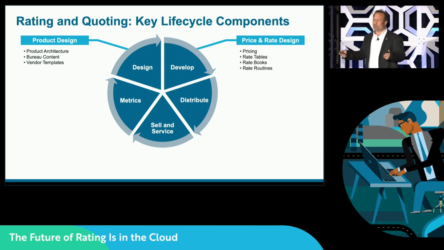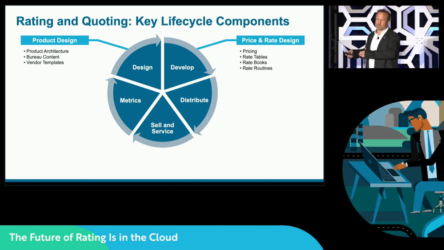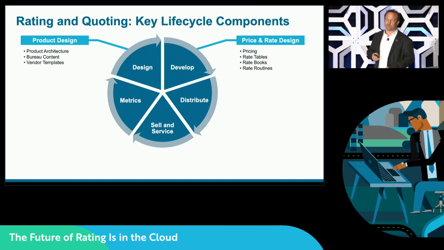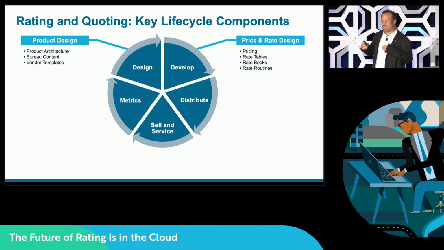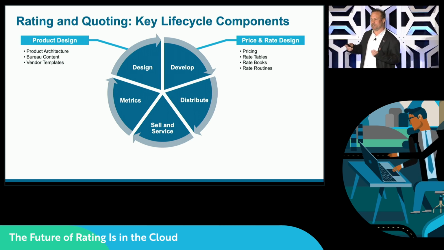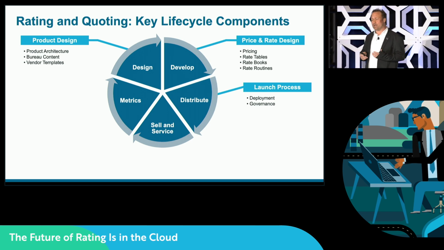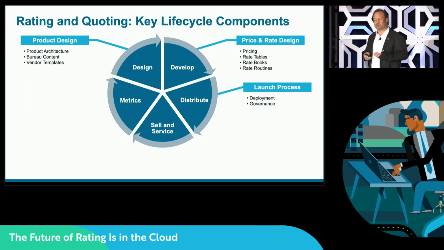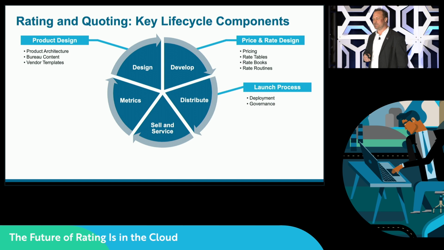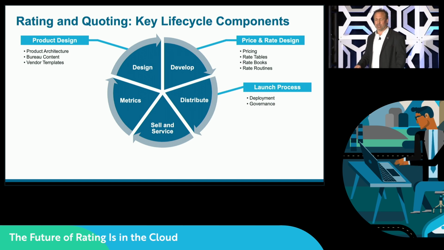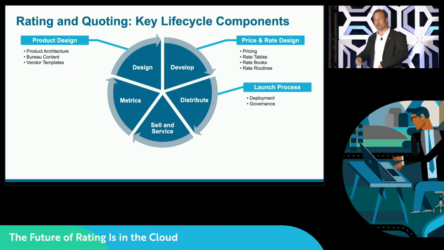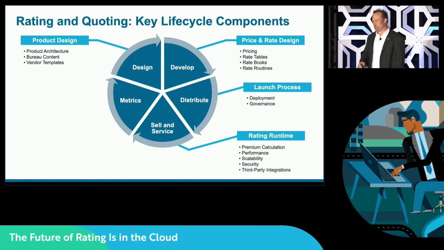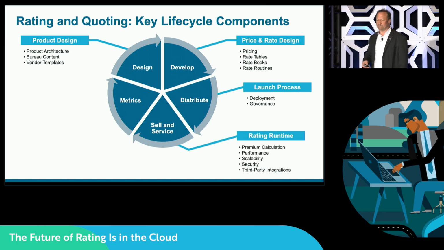And then we've got the develop phase of rating, which is where you spend your time creating the components and whatnot. That's where you do your rate tables, your rate books, routines, pricing. And then we have the distribution phase in the launch process, and that's usually heavy in IT. It's got a deployment piece, and there's also governance around what environments you can push to.